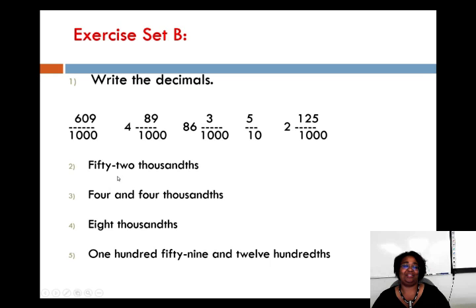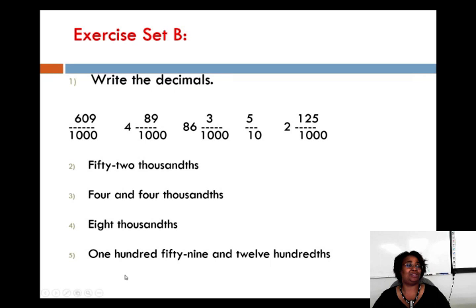Okay, now, Jacobia, you were telling me what number 2 was. What is it? 0.052 is correct. What about number 3? 4.004 is correct. And then what about number 4? 0.008 is correct.